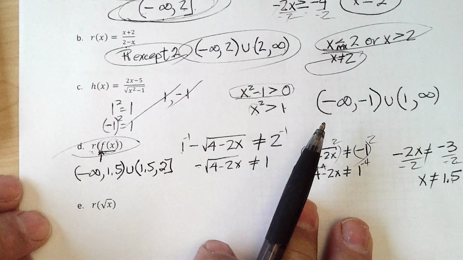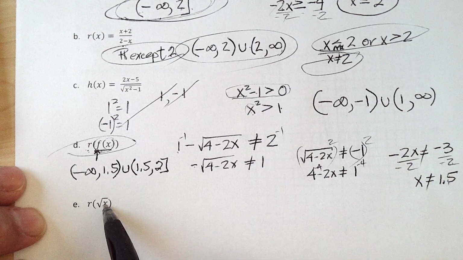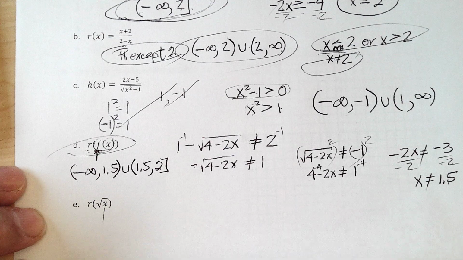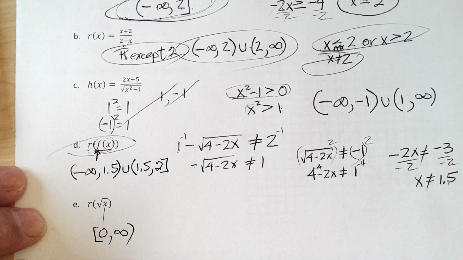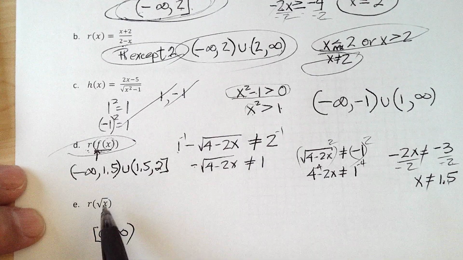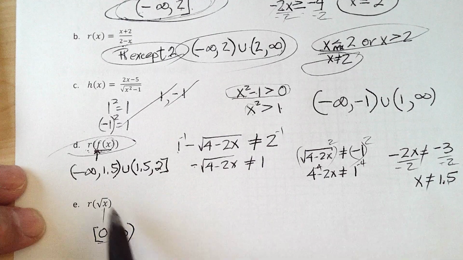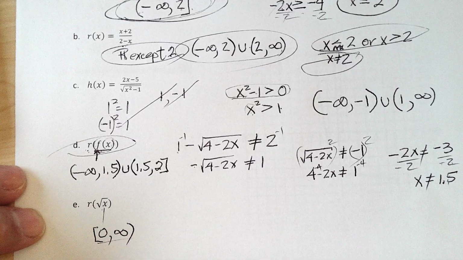And finally, E. Well, if I'm going to do square root of x, the only thing I can use in here would be 0 to infinity, positive numbers, or 0, just non-negative, can't be negative. It has to pass through the first gate, the square root of x.